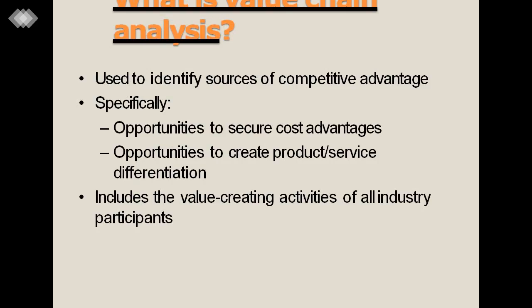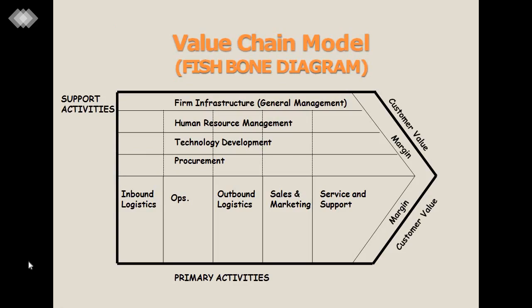Now, what is value chain analysis? It is used to identify sources of competitive advantage, especially opportunities to secure cost advantages, and it gives the opportunity to create product and service differentiation. It also includes the value creating activities of all industry participants. Now, this diagram we covered in our previous slide also, which shows the support activities and primary activities.